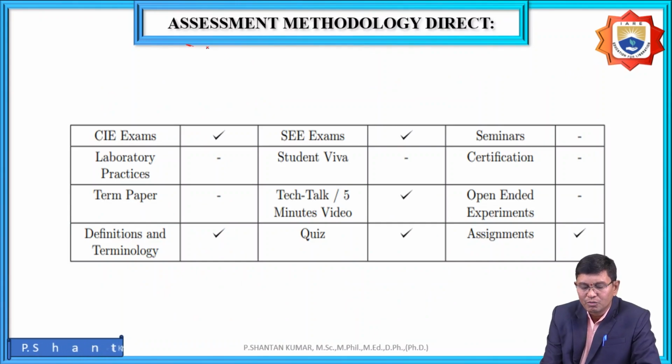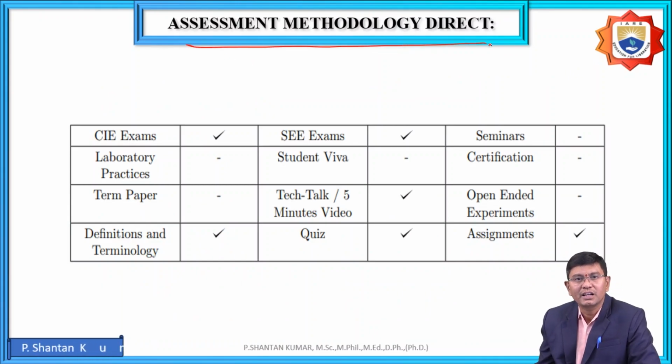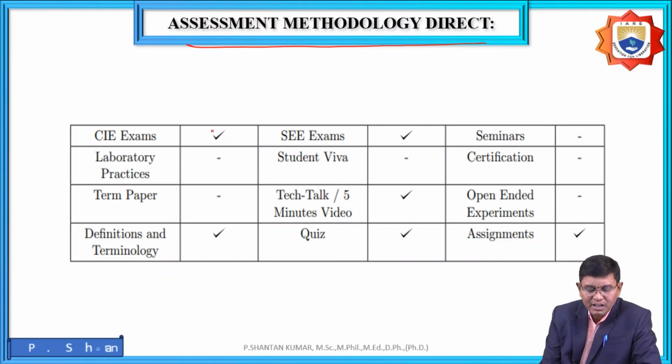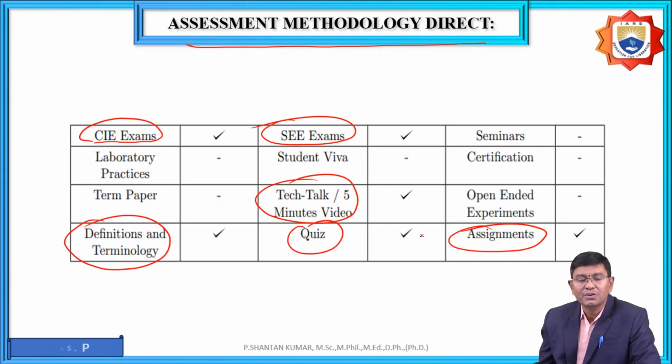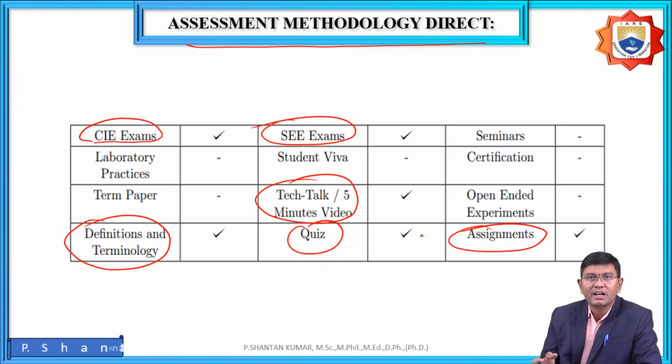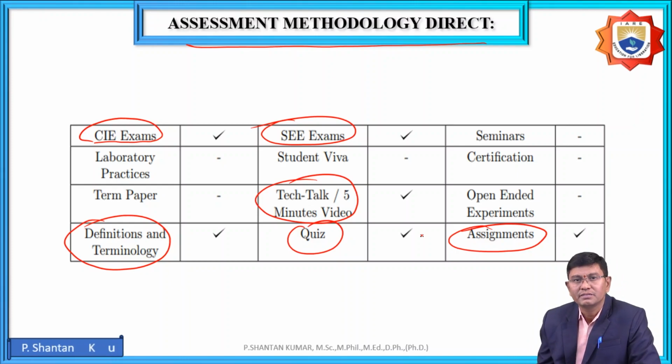And assessment. What are the assessment processes under this methodology? Based on the direct procedure, we involve the CA examination and the end examination, here the definition and terminology, tech talk, the quiz, and finally the assignment level. These we consider under the direct procedure.